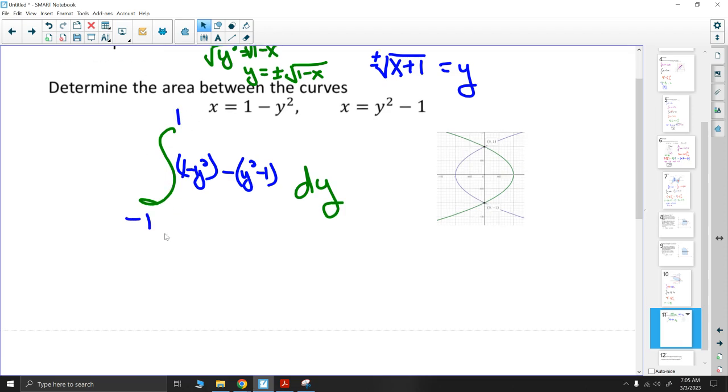Okay, now we have this thing, integral from -1 to 1 of 1 plus 1 is 2, minus a positive here, that's going to be negative y squared, so 2 minus 2y squared, dy.